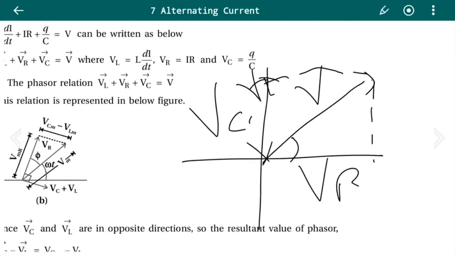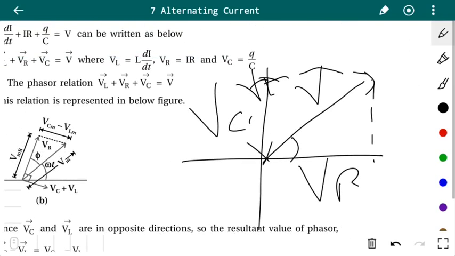So from this diagram, let us give it the names A, B and C. From this triangle ABC, let us apply the Pythagoras theorem.